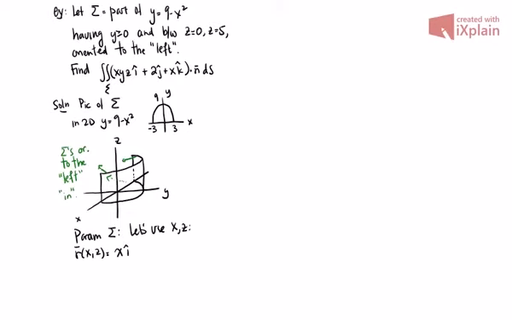So x will be x, y will be 9 minus x squared, because when we're on the surface, that's what we have. We have z, which will be itself. And then we'll have x between, oh sorry, x between negative 3 and 3, and z between 0 and 5.